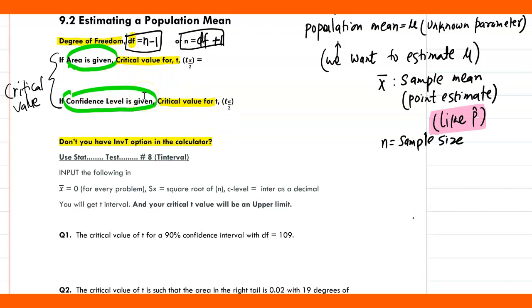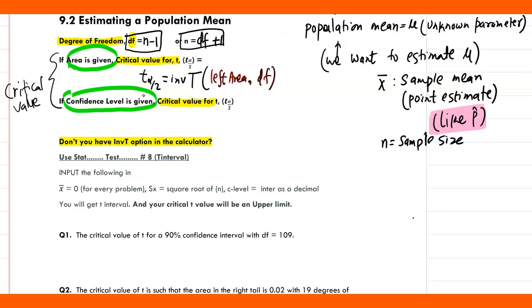Okay. All right. Therefore, let me write down both functions for the calculator. Here is the function: t alpha over 2 equals invT of left area, comma, degree of freedom.